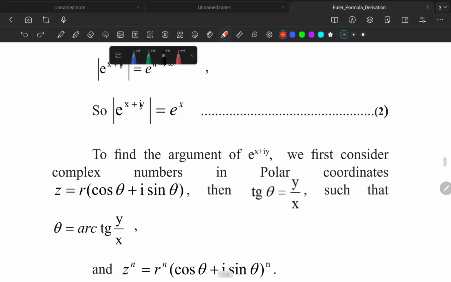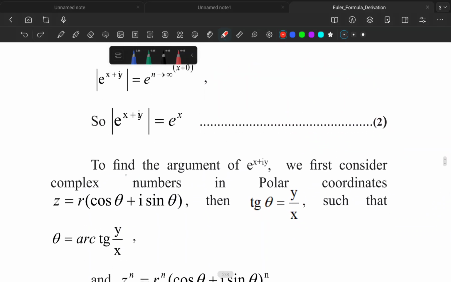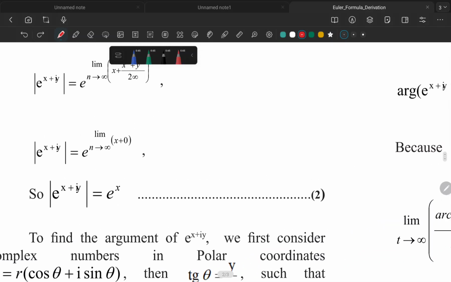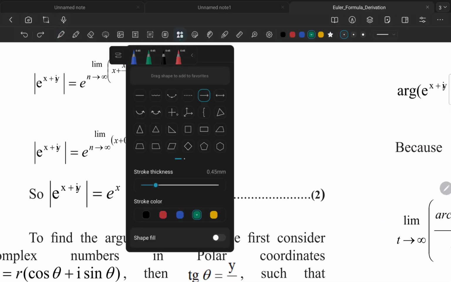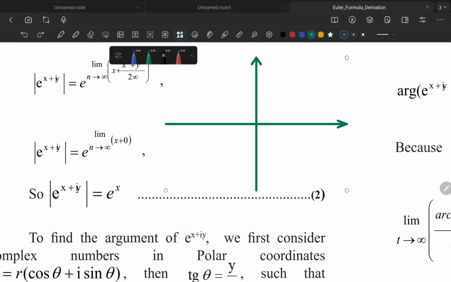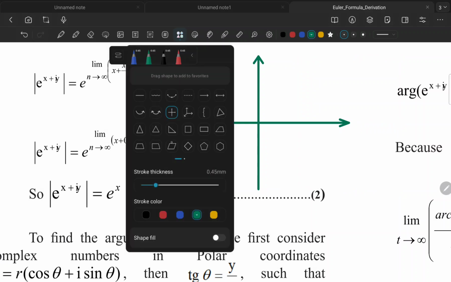Okay, so for now, as you have seen the argument of e to the x plus iy, let me just tell you something about what an argument is. Let me use this coordinate axis, and let's use an arrow for our convenience.